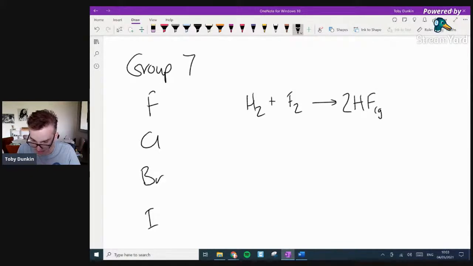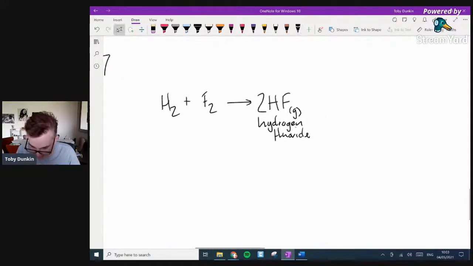As a gas, it would be hydrogen fluoride, but you dissolve it in water, you add this to water, and you will get hydrofluoric acid.